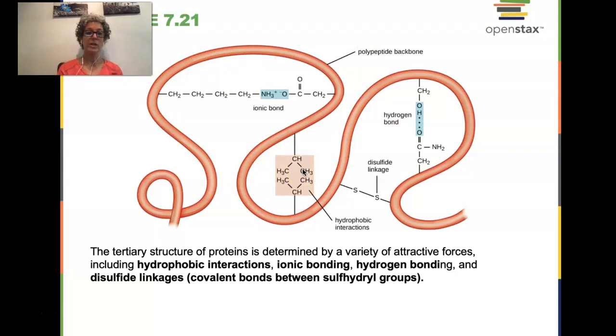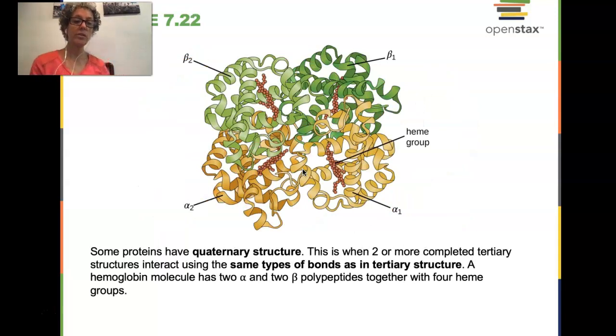All proteins must get through the tertiary structure level. Some proteins go to the fourth level, quaternary. Two or more completed tertiary structures have the same types of bonds in the tertiary structures, but they interact. This represents hemoglobin.